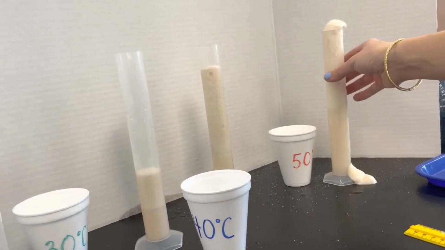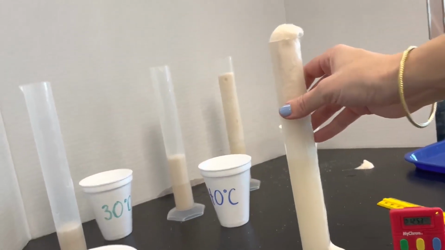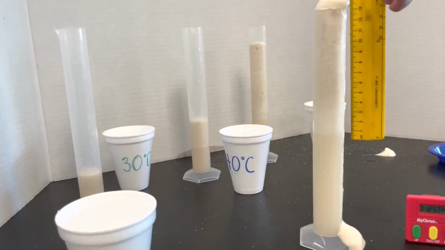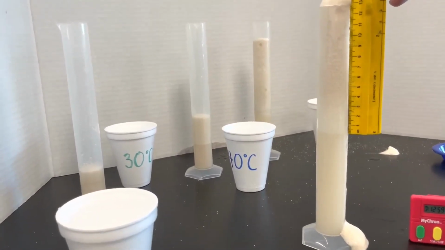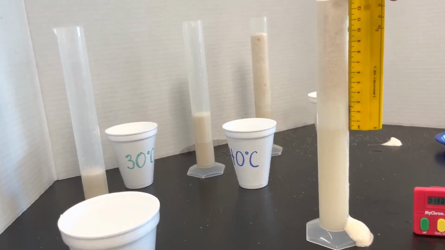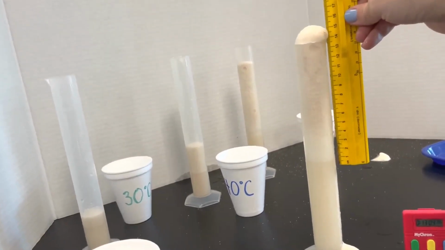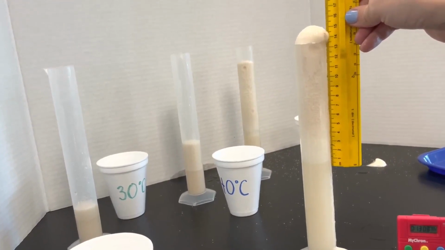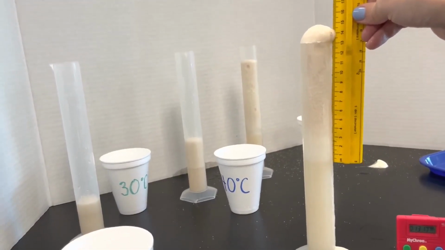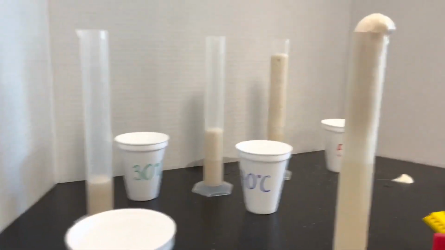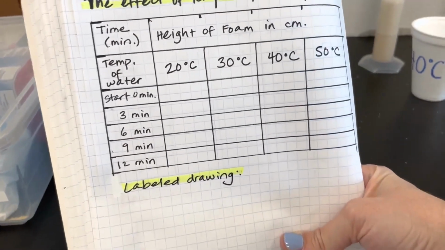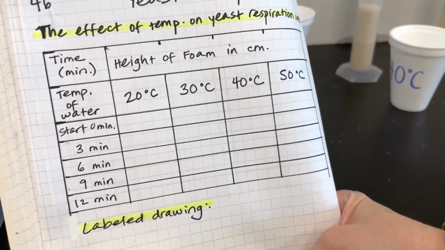And a little bit tricky for 50 degrees Celsius since it has continued to overflow. So it's at least 15 centimeters, but it would have probably continued to get higher. So that piece of data is probably a source of error for us, but we can make sure that we have the rest of our data written into our data table.